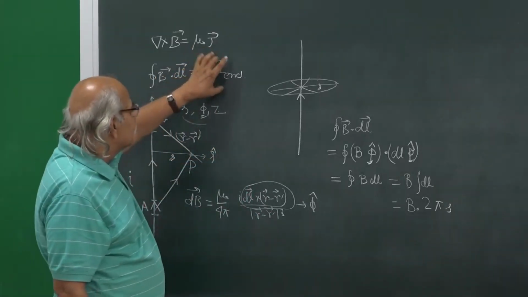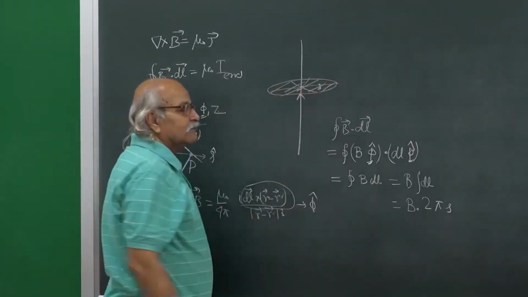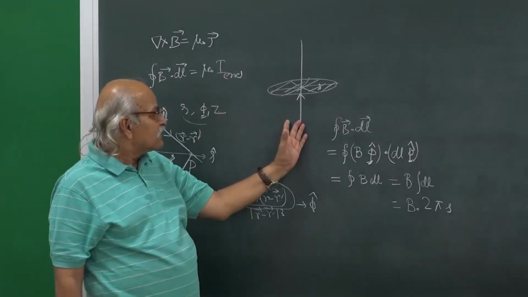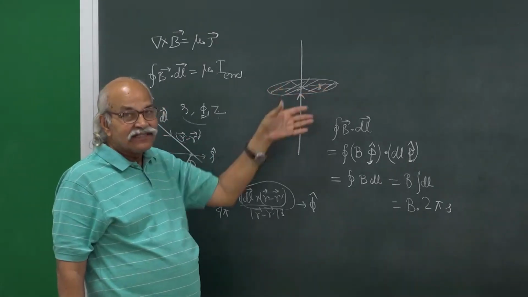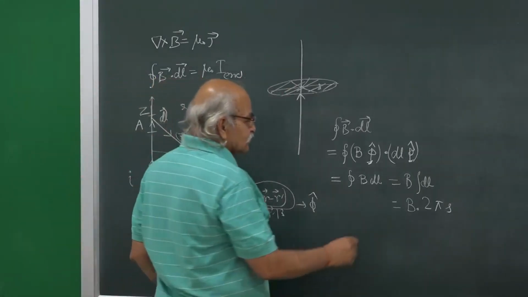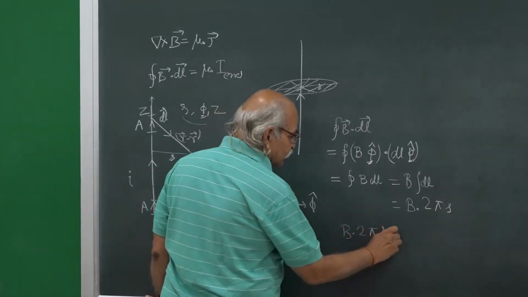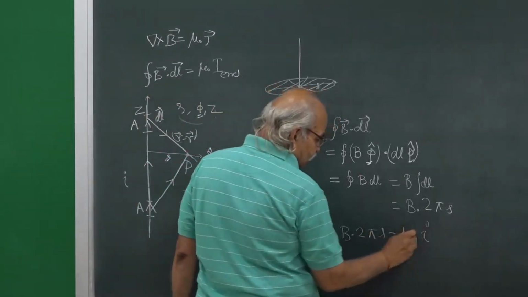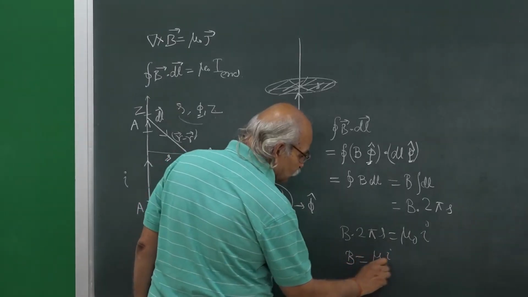What is the right hand side? How much current is crossing the area enclosed by the circle? This is the positive side, this is the negative side. From the negative side to the positive side, how much current is crossing this area? Since there is only one wire crossing, this is just I. So the right hand side is mu naught times the current I, and therefore B is equal to mu naught I divided by 2 pi s.